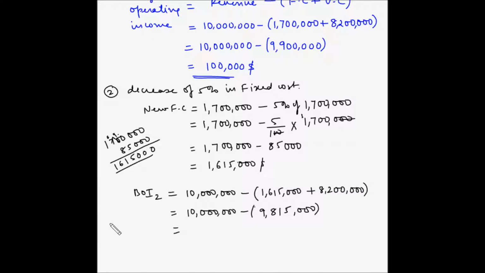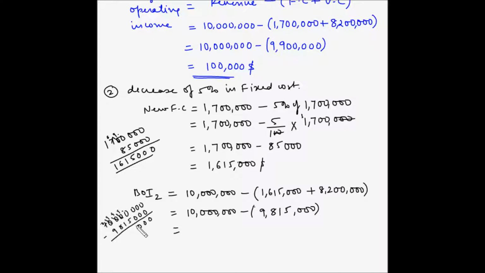So this is equal to 10,000,000 minus 9,815,000. So this is 000, 1 becomes 0, 1 carryover, this becomes 9, 1 carryover, this becomes 9, 1 carryover, this becomes 9, and 1 carryover.